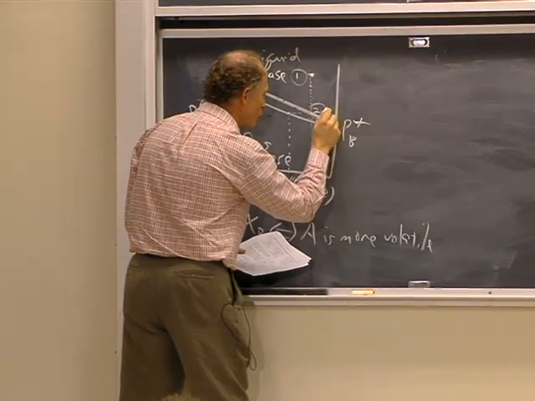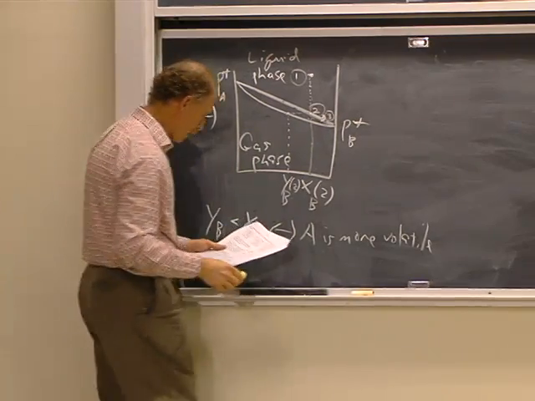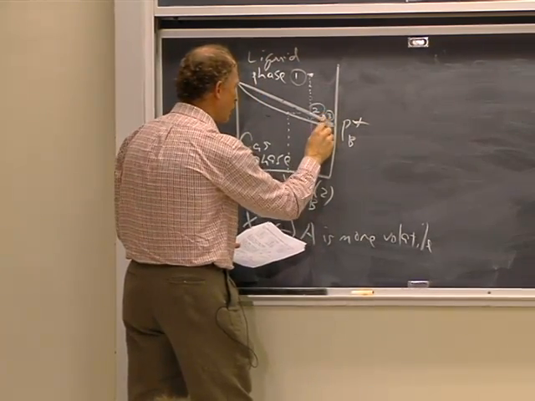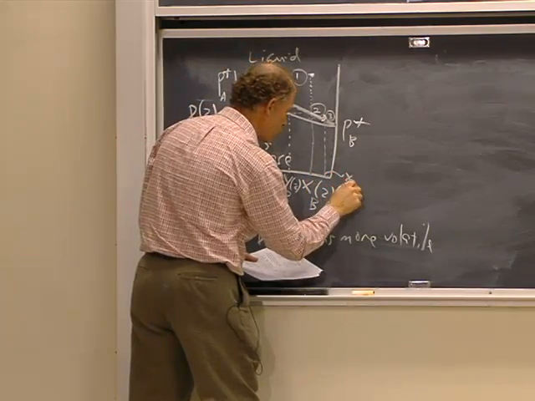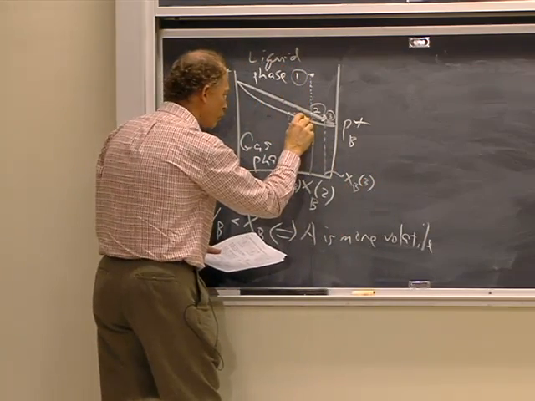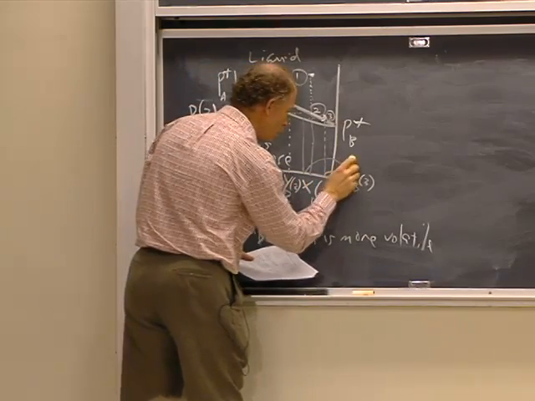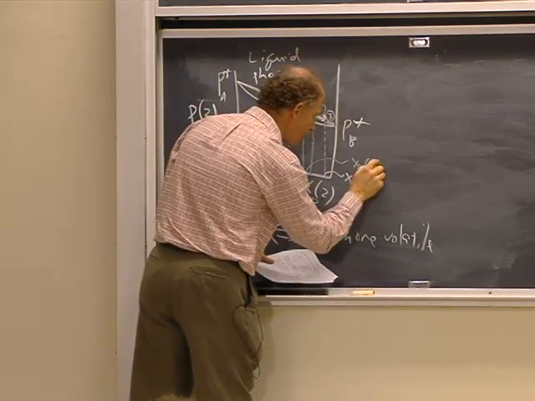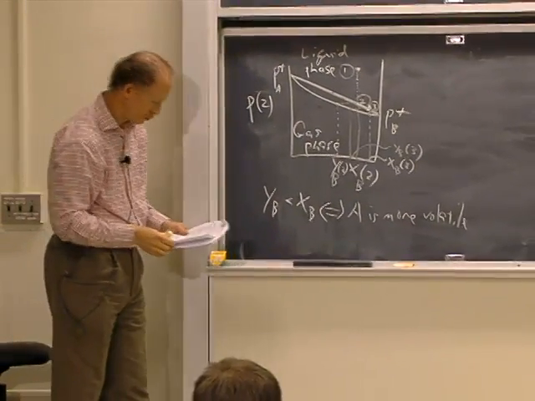So here's 3, right? So now that's going to be XB at pressure 3. And over here is going to be YB at pressure 3, right?